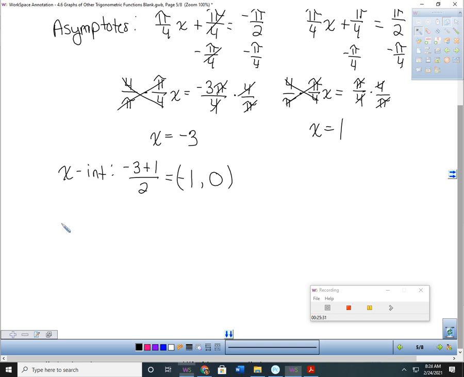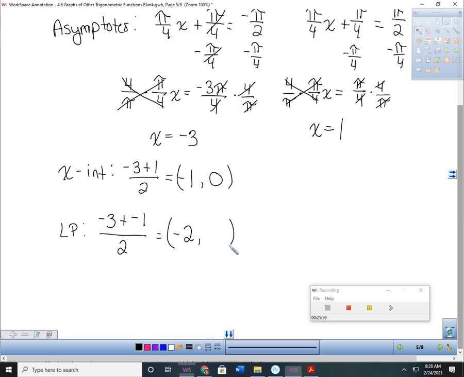All right, so let's talk about our left point. Our left point is halfway between the left asymptote and your intercept. So I'm going to take the negative 3, and I'm going to add that to my x-intercept, which is the negative 1, and I'll divide that by 2. So negative 3 plus negative 1 is negative 4, divided by 2 is negative 2.